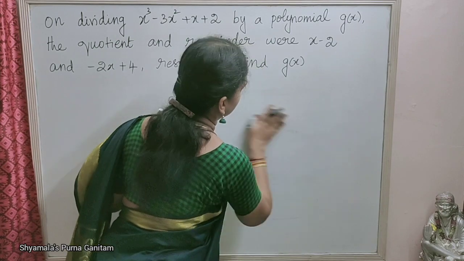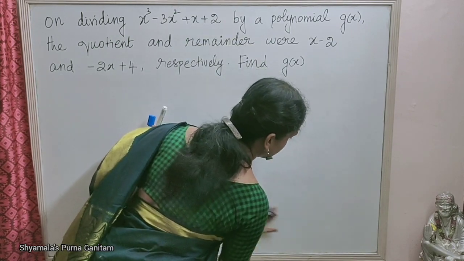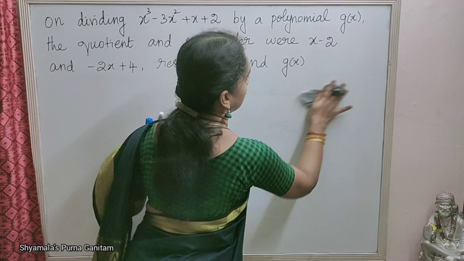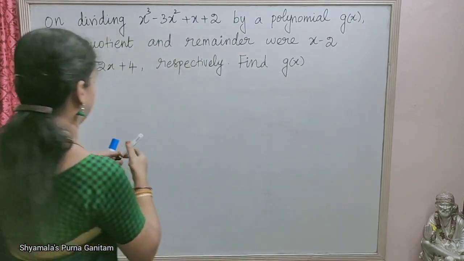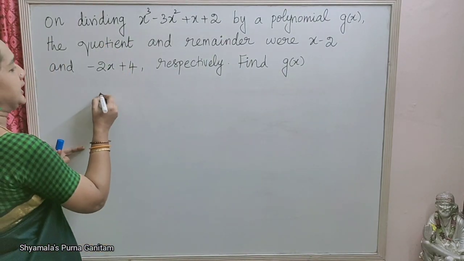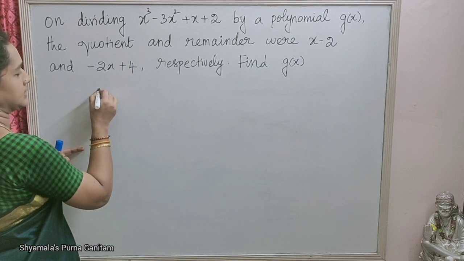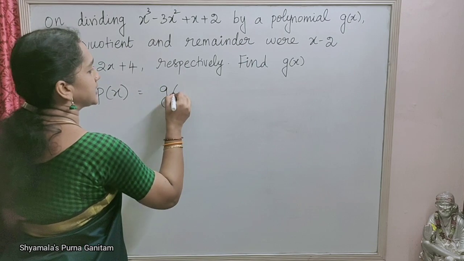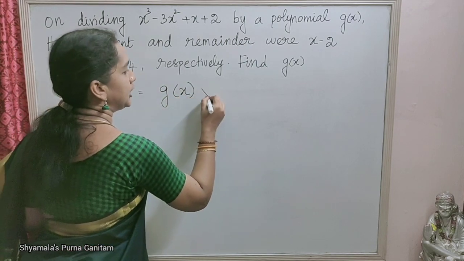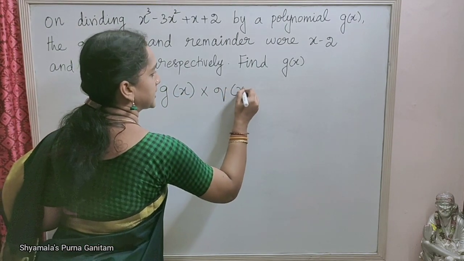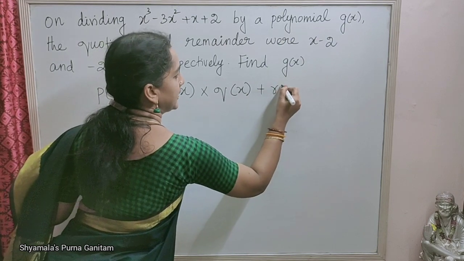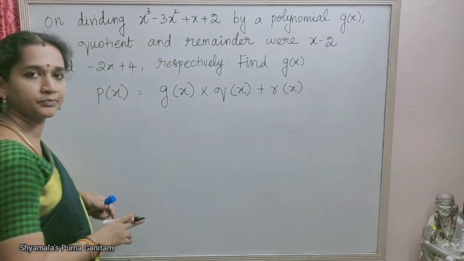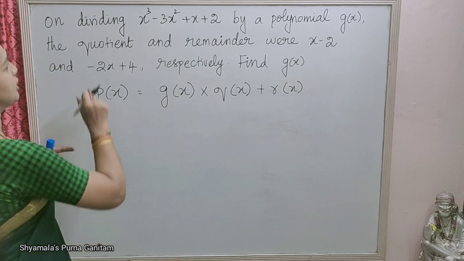Simple, very simple. So P of x, G of x, Q of x, everything we will write. P of x is equal to G of x into quotient Q of x plus remainder R of x. So P of x is given.